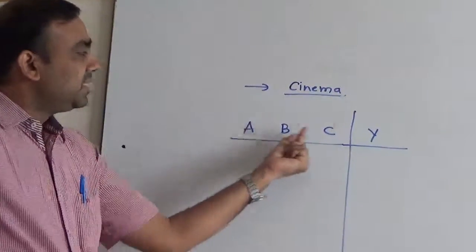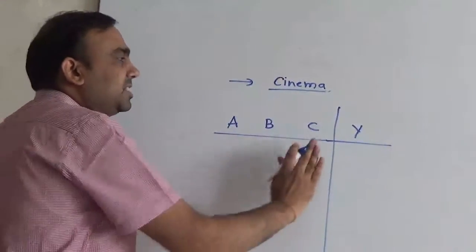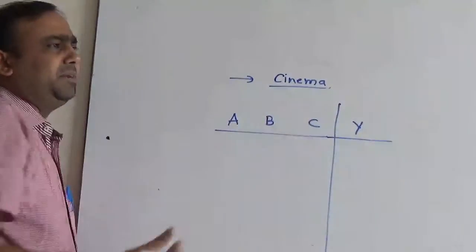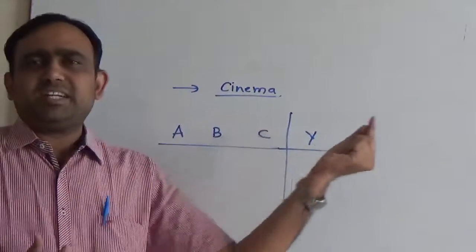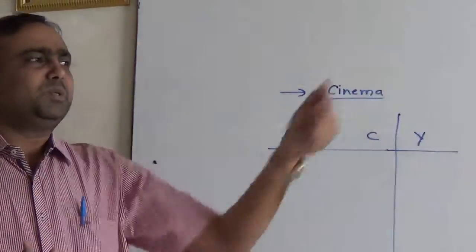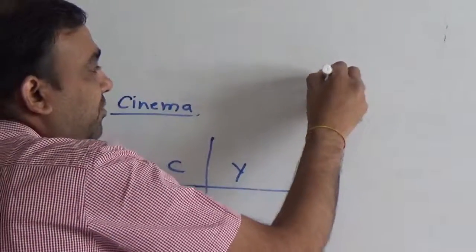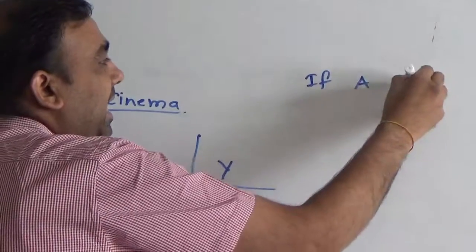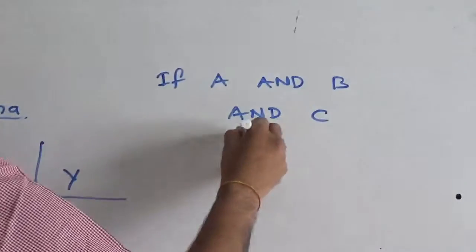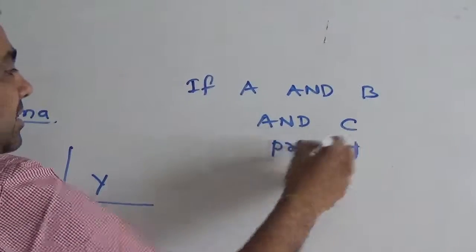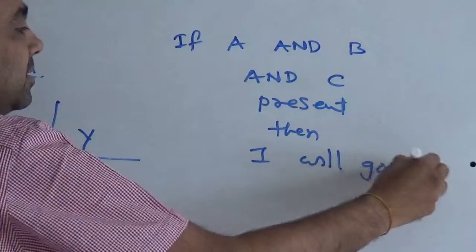Now, depending on the presence of the friends, I have some logic in my mind. Suppose the logic is, if all friends are present, then I will go to the cinema. This is my logic. So if A and B and C are present, then I will go to cinema.